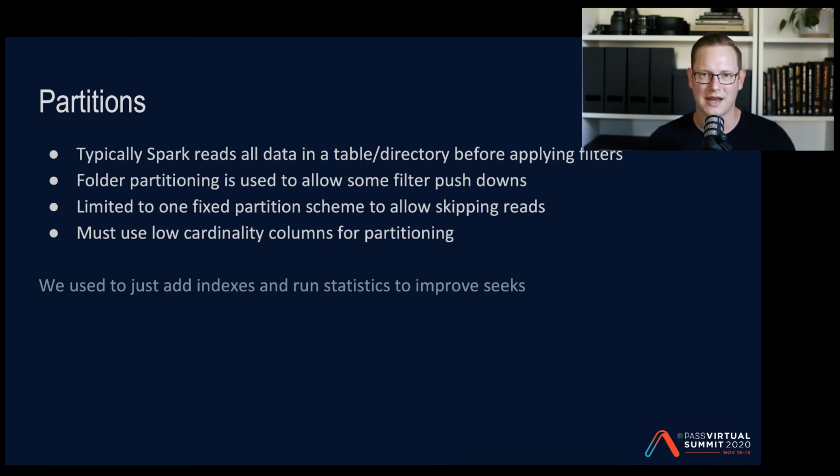And the way we think about it is that we're going to have one fixed partition scheme. So we saw with the taxi data that some of the time I had it partitioned by year, month, day, so that all of those days would be grouped together, and I could use a where clause that said where day is between October 1st and October 30th, and that would trim down how much data is being read.